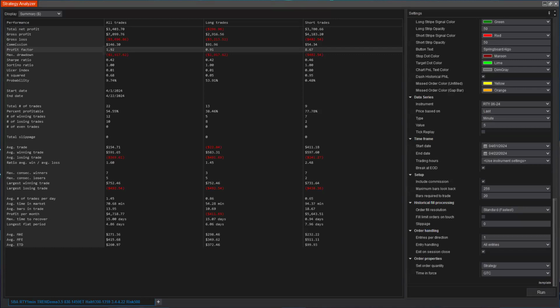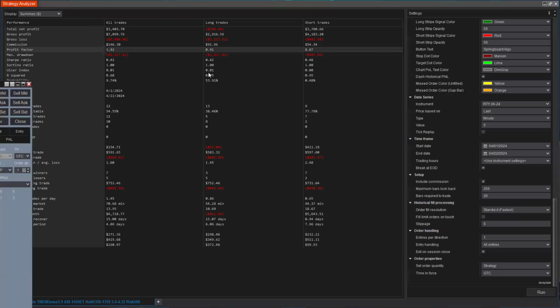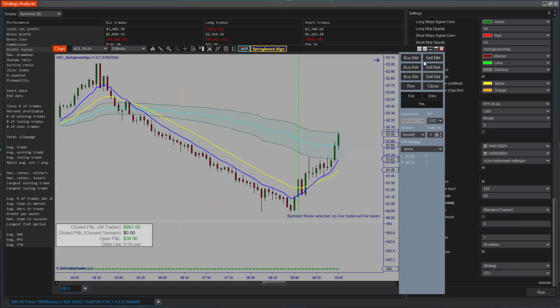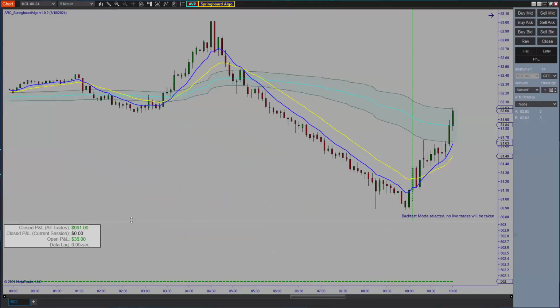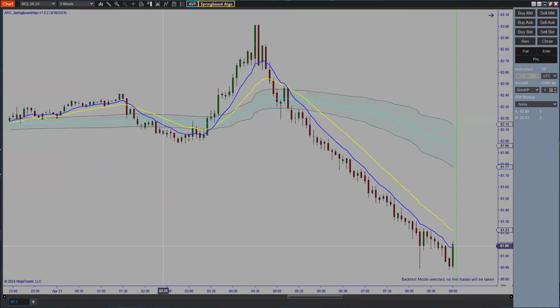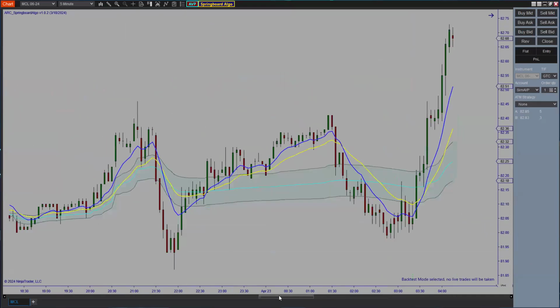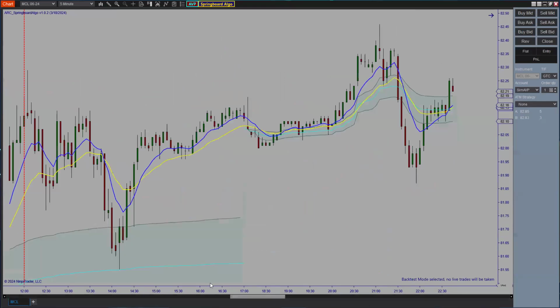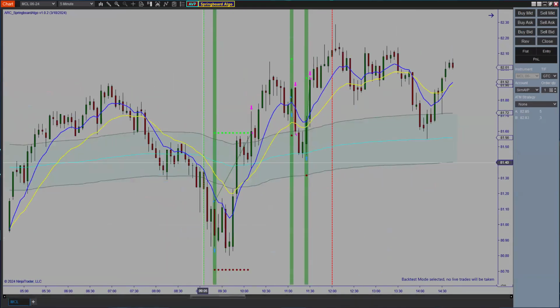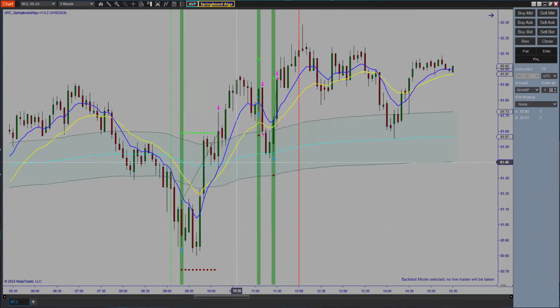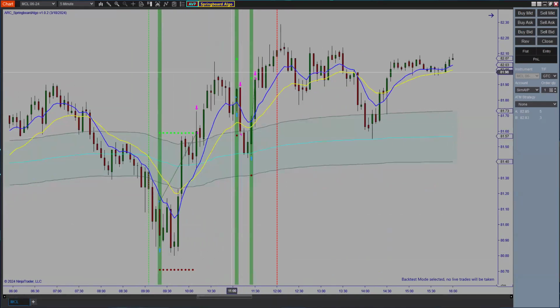Okay. Pulling it up. I'm going to pull it up on a chart and show you some things. Okay. Here we go. All right. So this algo took the trade long here. But I want to show you something right here.